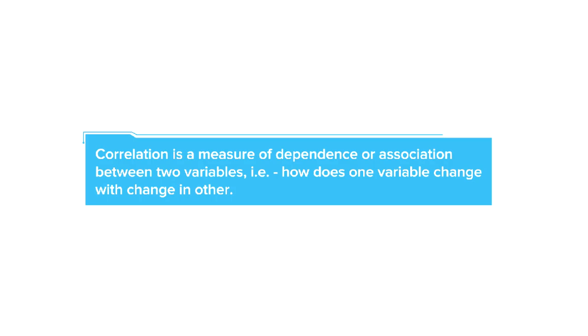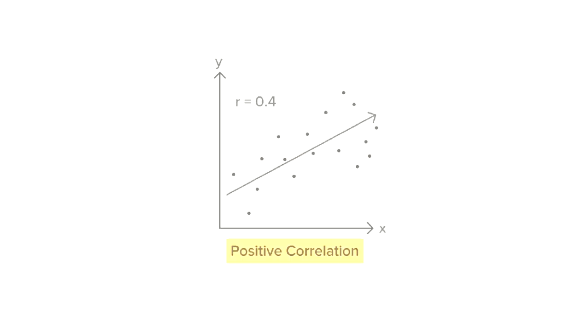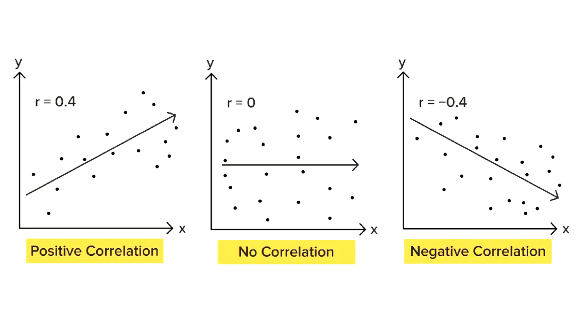Correlation is a measure of dependence or association between two variables. That is, how does one variable change with the change in the other? Most often, it refers to how close two variables are to having a linear relationship with each other. The correlation between two variables can be positive, negative, or zero.